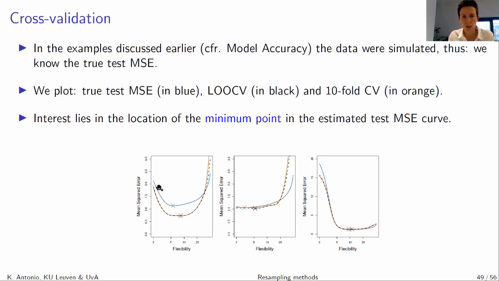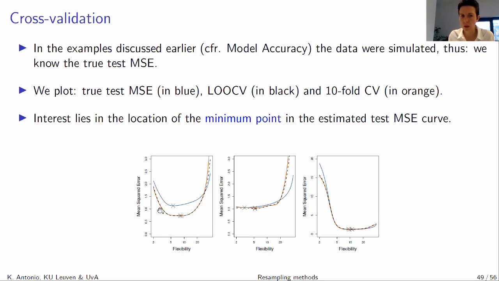So you'll see the main conclusions here, that if you look for the location of the minimum of the test mean squared error as evaluated by leave one out cross-validation or tenfold cross-validation, this minimum is not exactly the same, but it's close to each other, and it's also in line with what the minimum would be of the true test mean squared error.